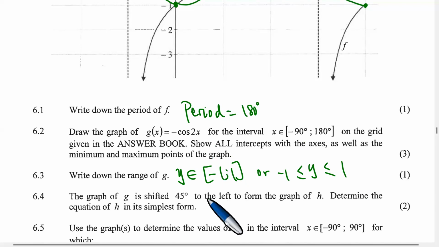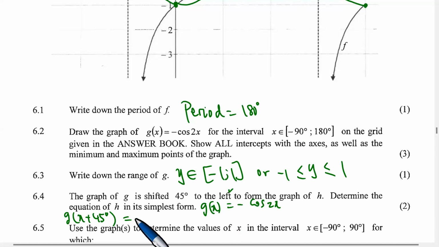Okay, so this is the graph of g. The graph of g of x is the same as minus cosine of 2x. It is shifted 45 degrees left. If it's 45 degrees to the left, you add 45 degrees to x because it's going to the left.